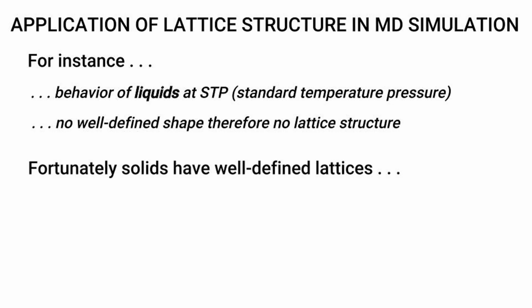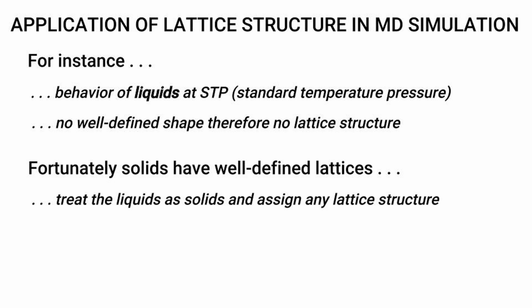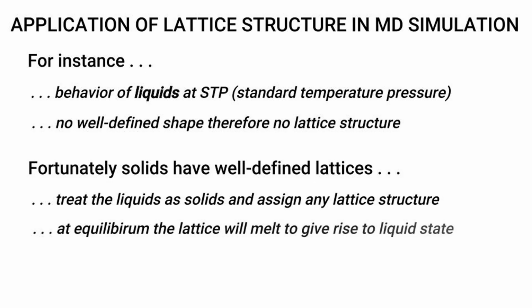The answer is, as solids have well-defined lattice structures and these can be used to assign initial positions, we will also treat the liquid as a solid and assign it a lattice structure. But this lattice structure will only be present at the initial stages of the simulation. As the simulation reaches equilibrium, this crystal lattice will melt and convert to the liquid state.